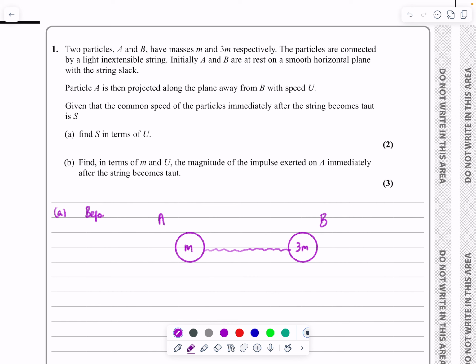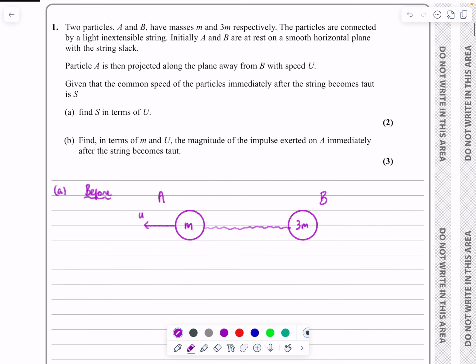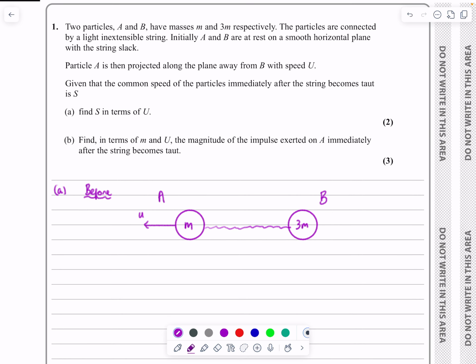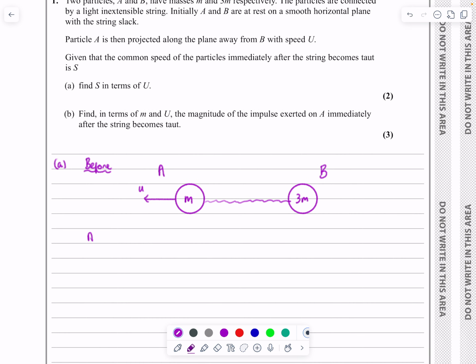This is before, so we have that A is set off with a speed u here. B will still be stationary at that point, and it says given that the common speed of the particles immediately after the string becomes taut is s, and it wants us to find s in terms of u. So after, what are we going to have happening?